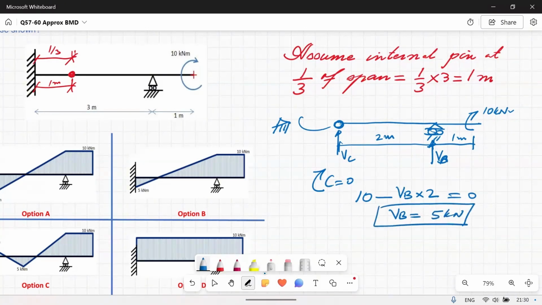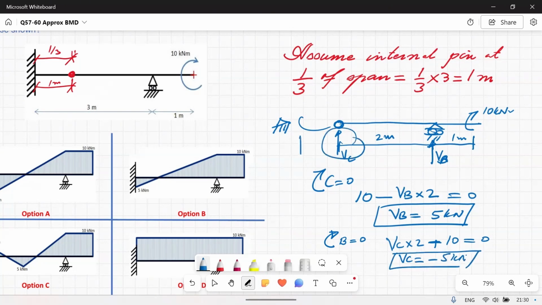When this is 5 kilonewton, then I will say summation of moment at B is equal to 0. So you will have VC times 2 plus the clockwise moment, positive 10, is equal to 0. From here VC will be equal to minus 5 kilonewton. So the direction of the reaction is not upwards, it is actually downwards.